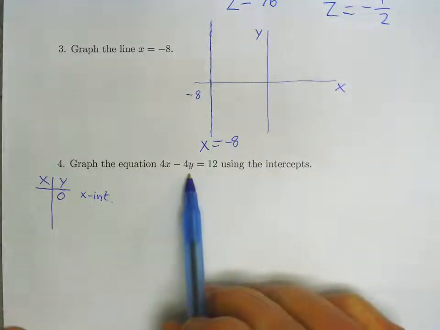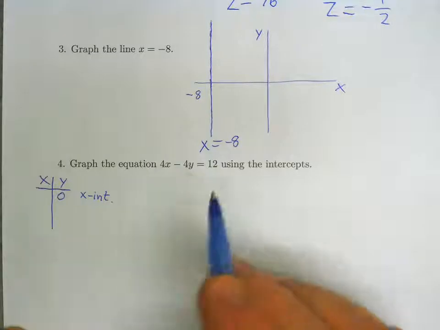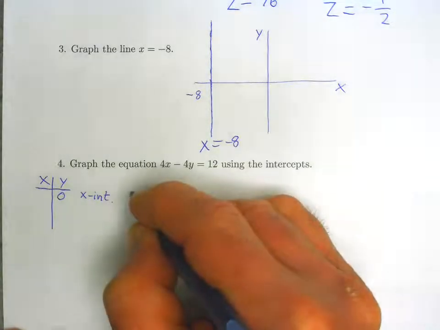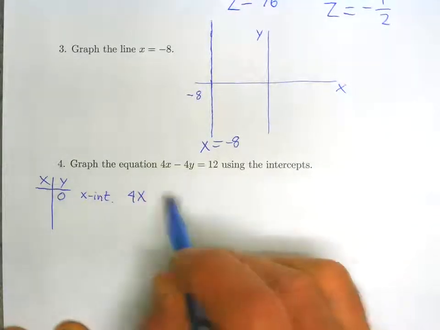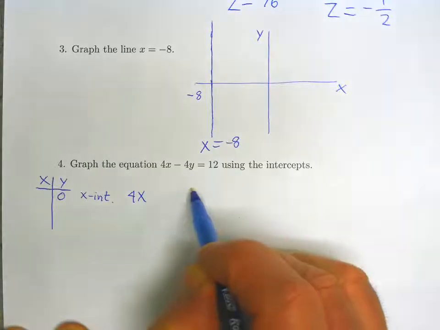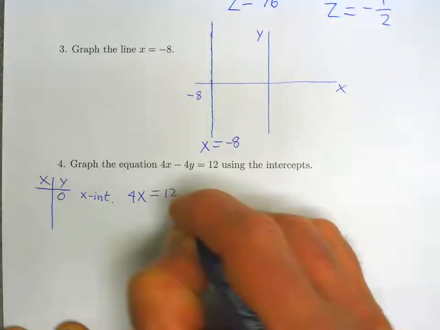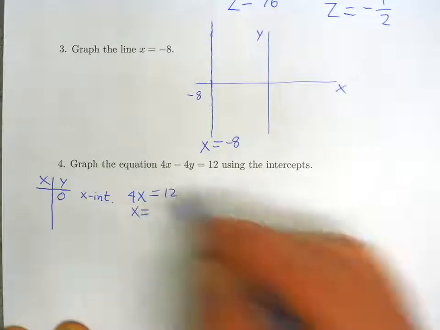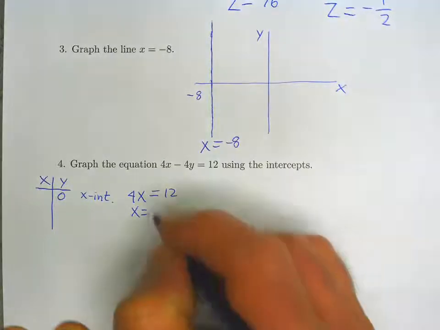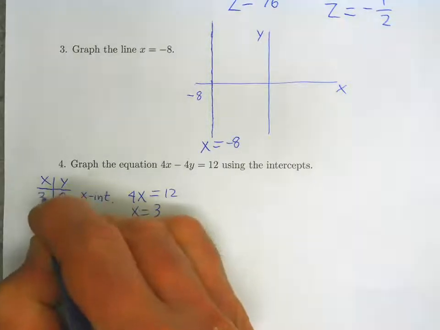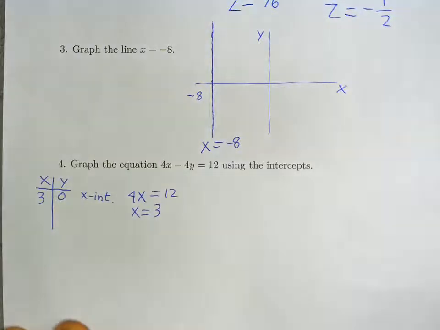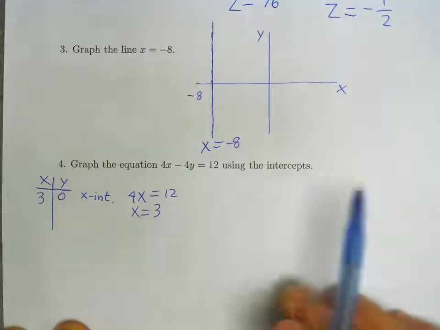So in the equation, if you replace y with 0, we get 4x minus 4 times 0 equals 12, or 4x equals 12. And then solve that equation for x: x equals 3. So the x-intercept is the ordered pair (3, 0).